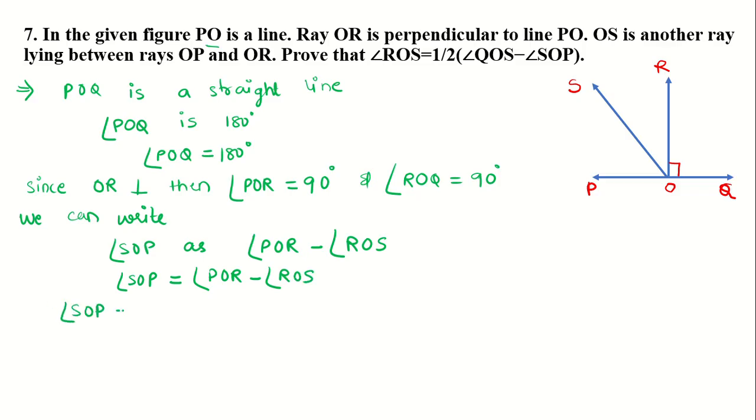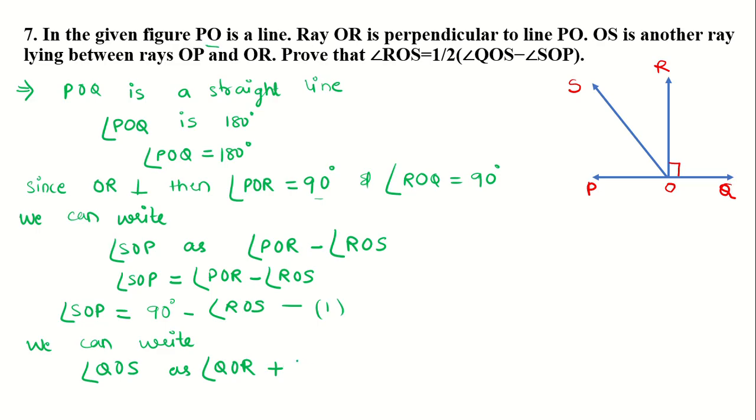Now angle SOP is equal to angle POR minus angle ROS. What is your angle POR? It is 90 degrees. Substitute it: 90 minus angle ROS. Mark this as equation 1. Now we can write angle QOS as angle QOR plus angle ROS.